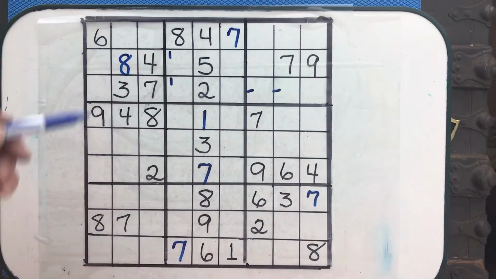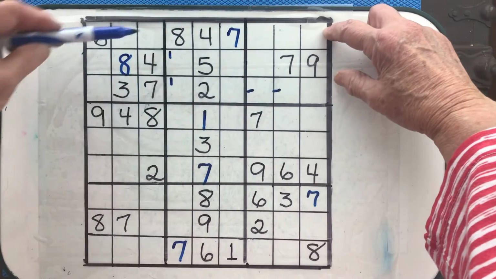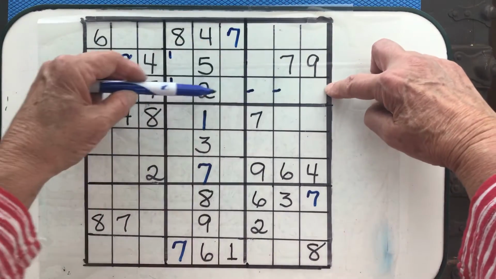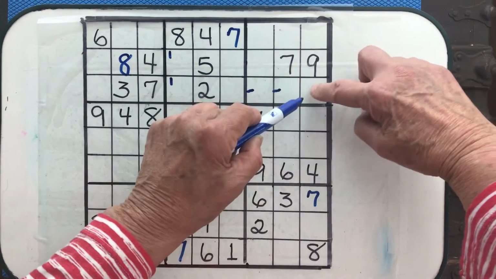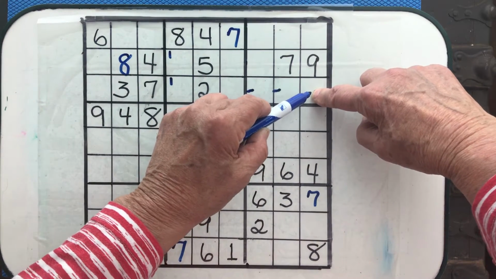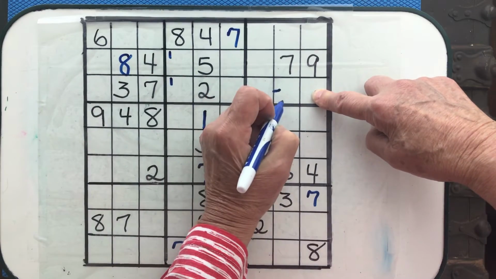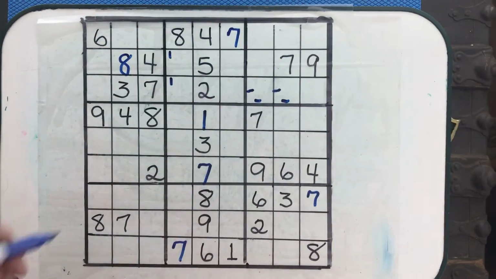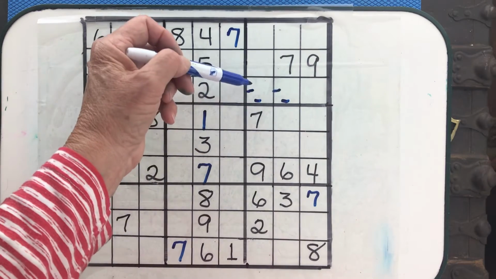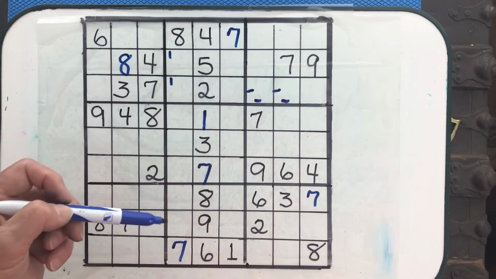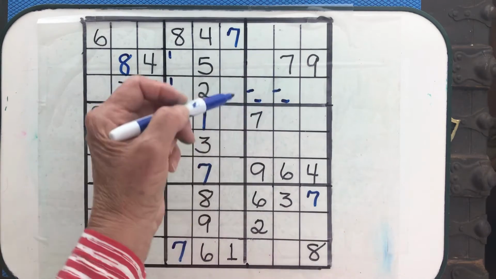Now, let's go to the rows. 8, 8, so it has to be on this row. I see there's an 8 here. It can't be in this box, so it has to be in one of these two boxes. Now, looking at this, I have to have a 4 in one of these two boxes. I have to have an 8 in one of these two boxes. So nothing else can go in those.